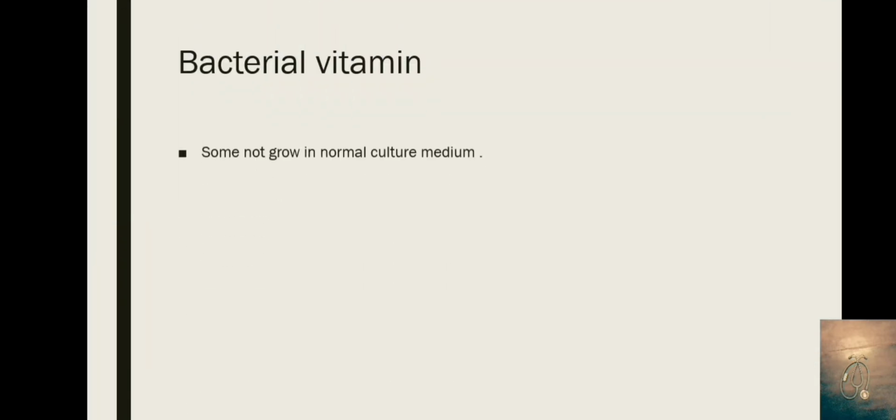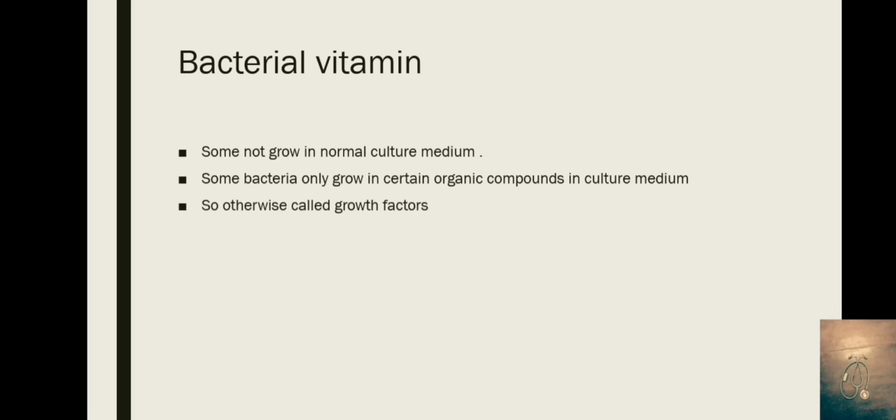bacterial vitamins, that means they want special nutrition to grow in culture media. Some bacteria don't grow in normal culture media, so they want certain organic compounds in culture media. That's called bacterial vitamins or growth factors.